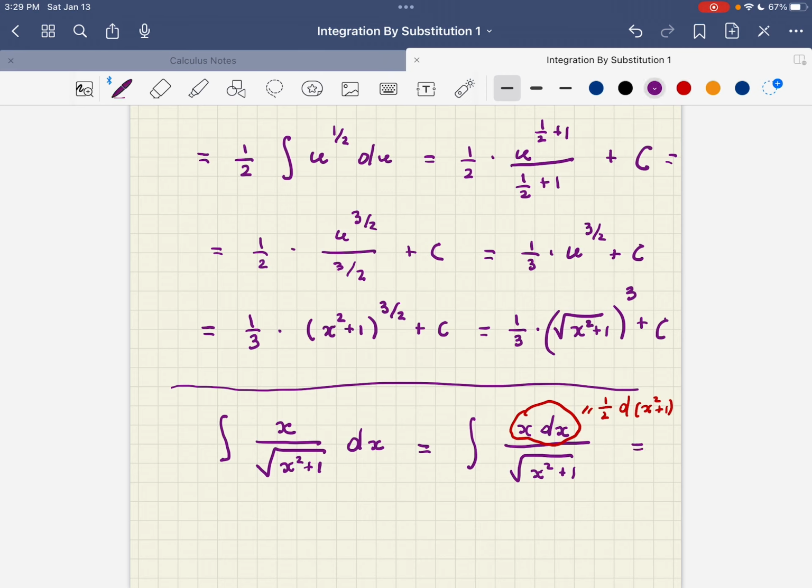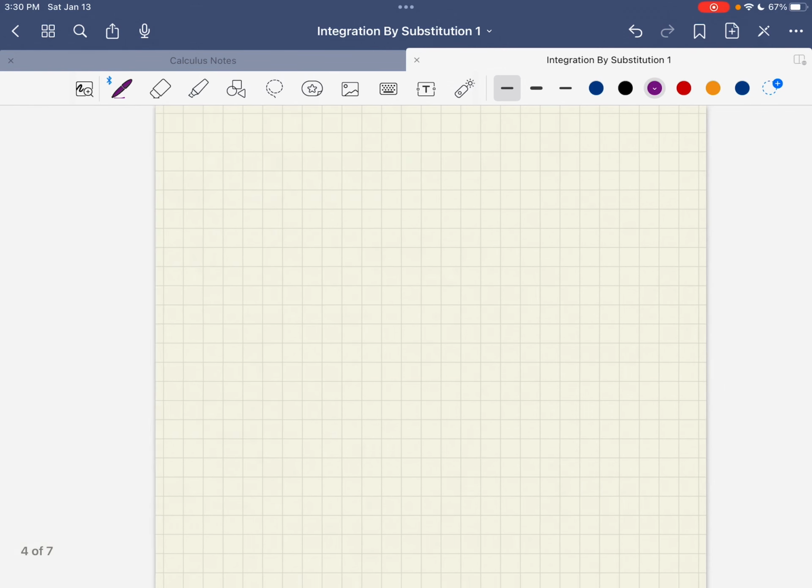So we can rewrite the integral as integral of 1/2 differential of x squared plus 1 divided by square root of x squared plus 1. And now changing x squared plus 1 to a new variable u is going to give us a much simpler integral.